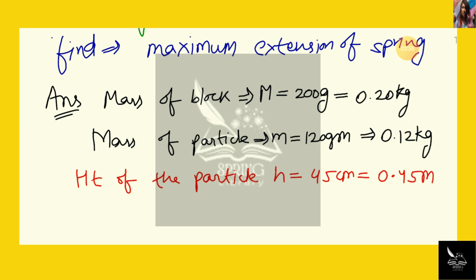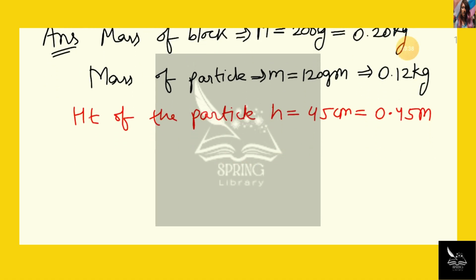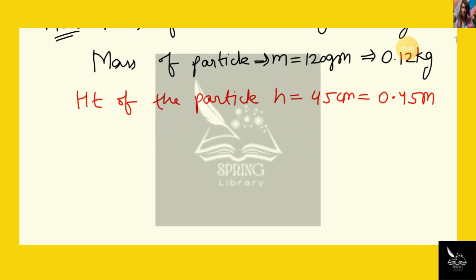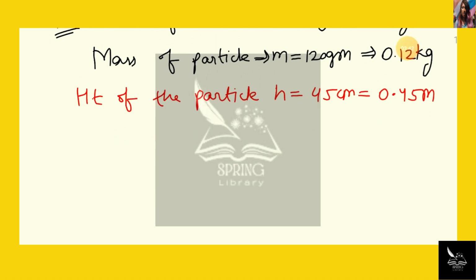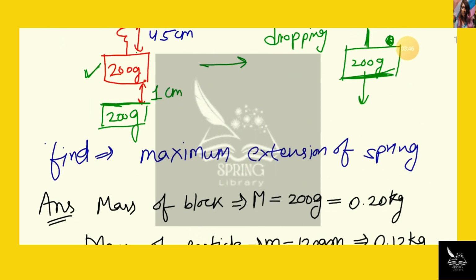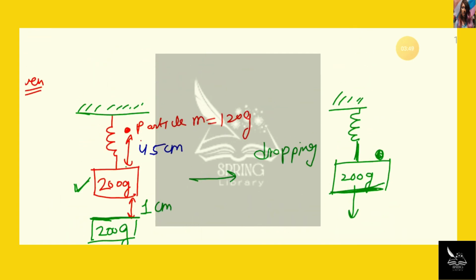According to the question, as the block attains equilibrium, the spring is stretched by 1 centimeter. You can see that the block goes downward due to its own weight and then takes an equilibrium position.